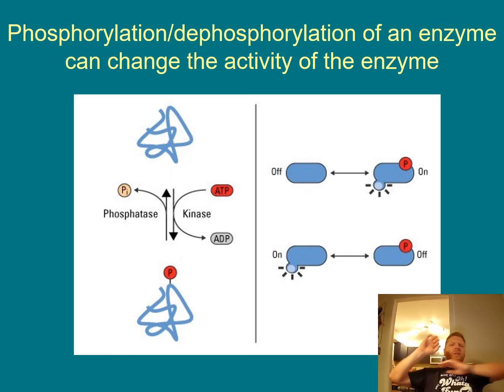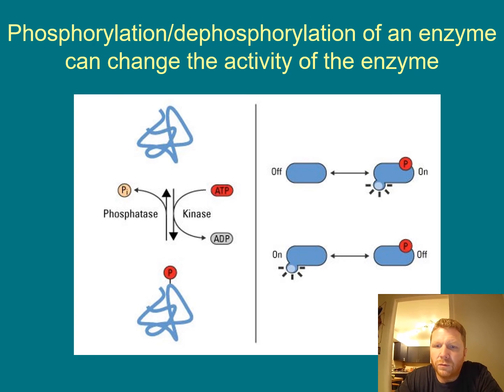You can think about it as a little bit of a light switch, but it's not completely linear. So don't think of phosphorylation as equaling activation of an enzyme, and likewise don't think of it as equaling deactivation. It's very variable.